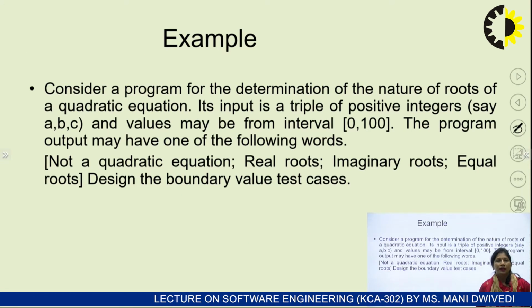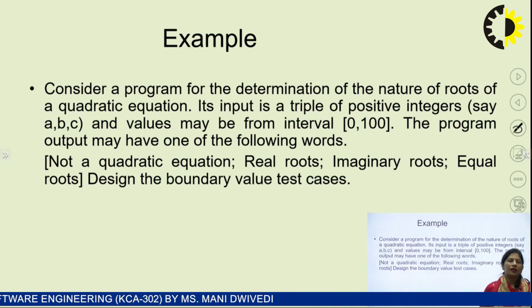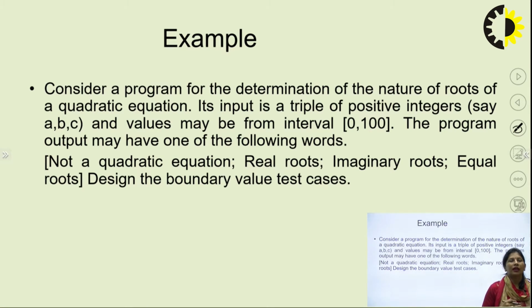Let us understand this boundary value analysis with one simple example: determining the nature of the roots of a quadratic equation. Its input is a triple of positive integers, so the value of n will be 3. The values may be in the interval between 0 and 100.